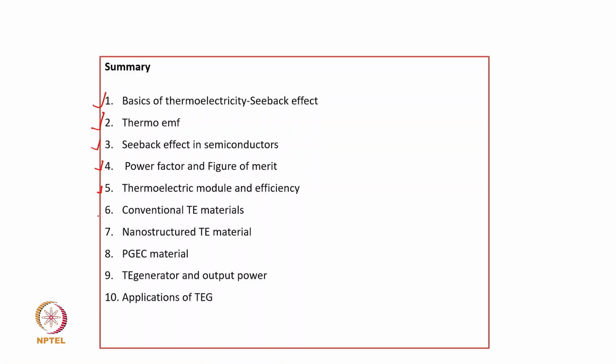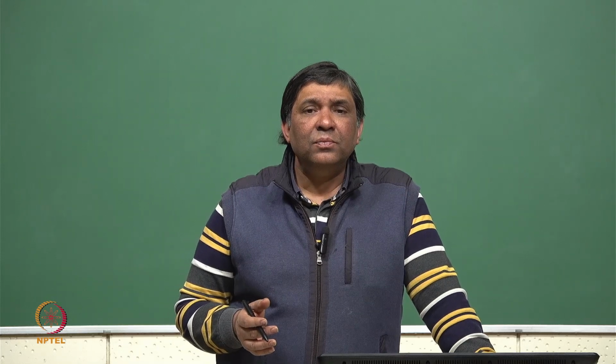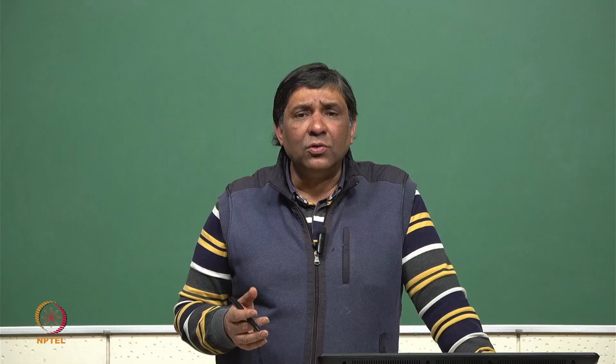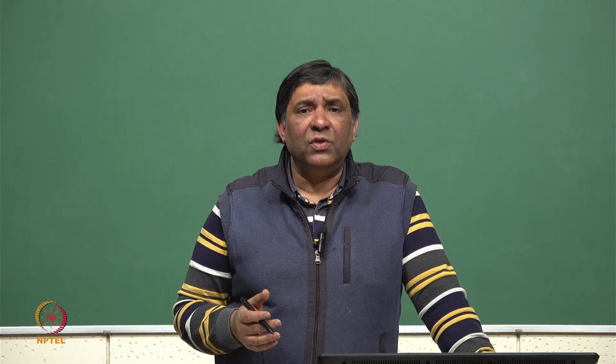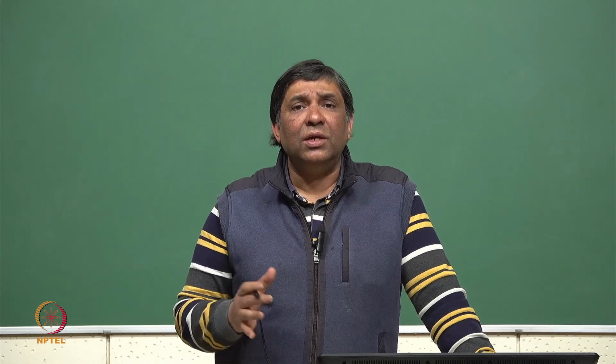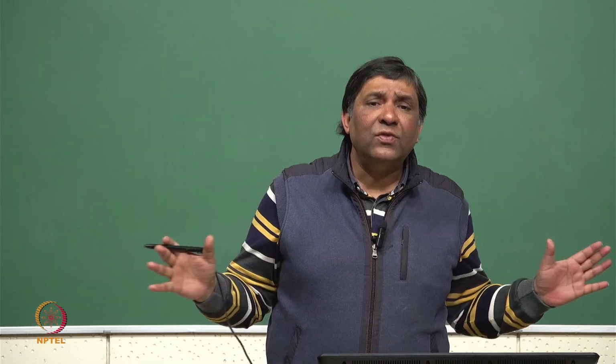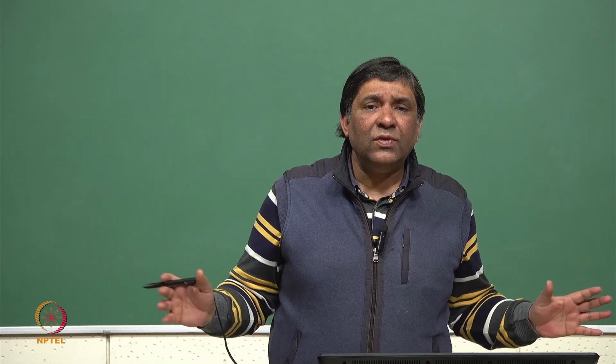Then we discussed several material aspects. Some are conventional thermoelectric materials, mostly chalcogenides, such as bismuth telluride, lead telluride, and silicon germanide, which are used at different temperature ranges and have been studied for several decades.